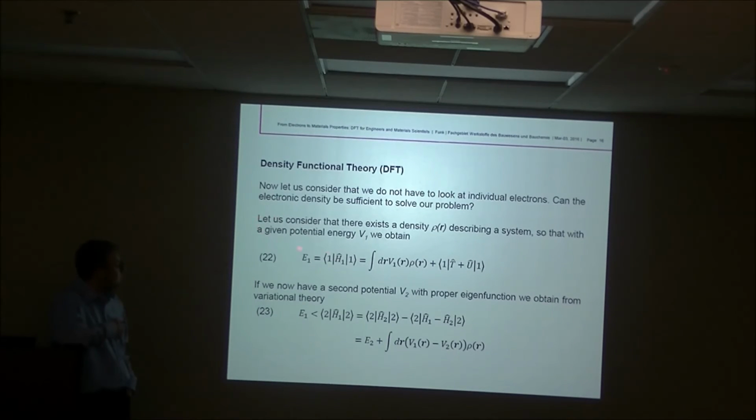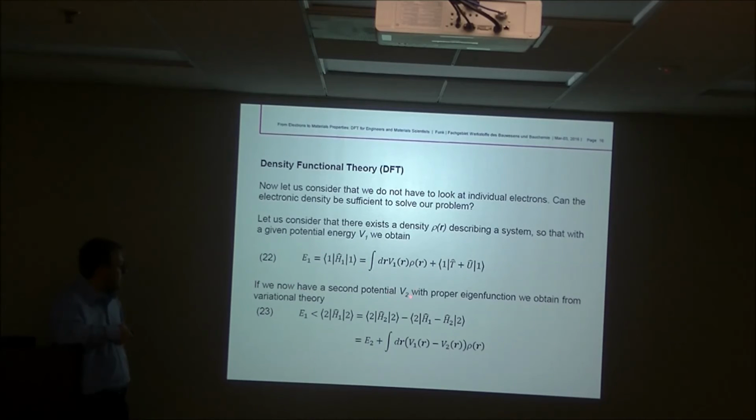To do this, let's consider we have some potential energy, U. U is the interaction of electrons with electrons, T is the kinetic energy, V is some kind of external potential, which for example is the potential of the nuclei with respect to the electrons, as we have in chemistry, right? So then we have this energy, correct?